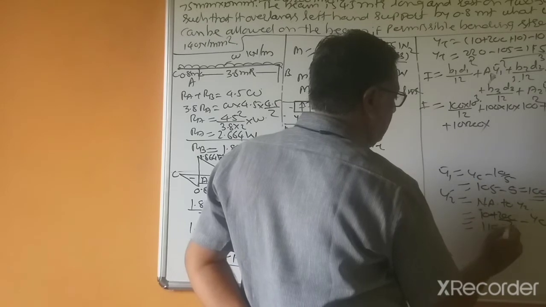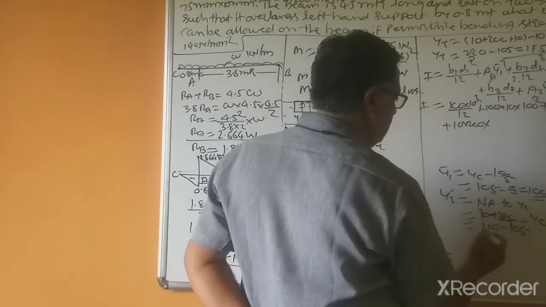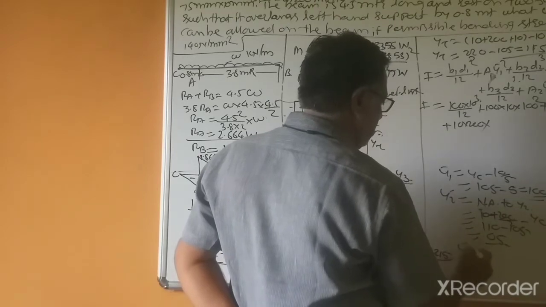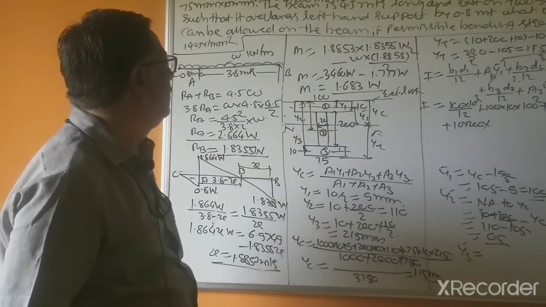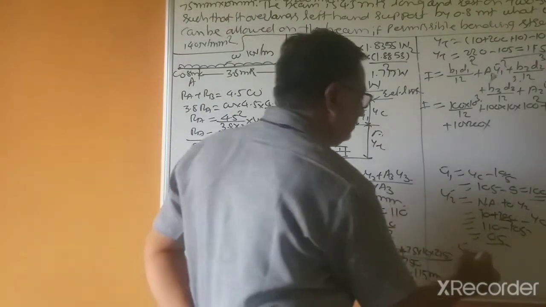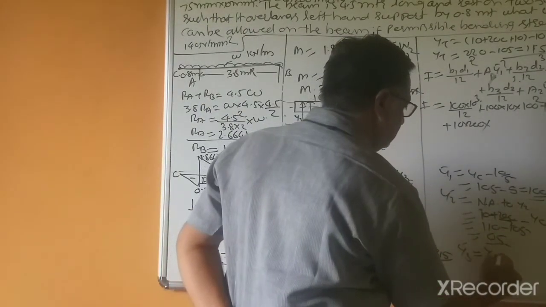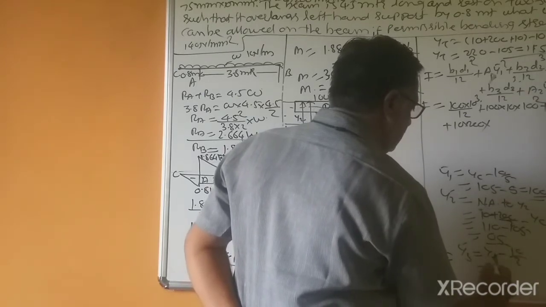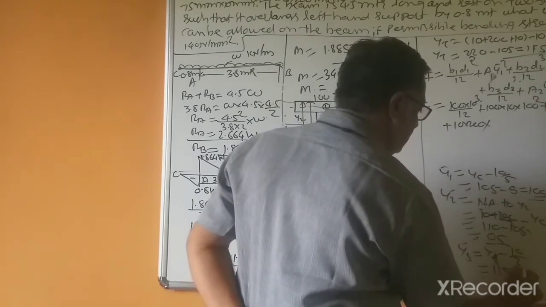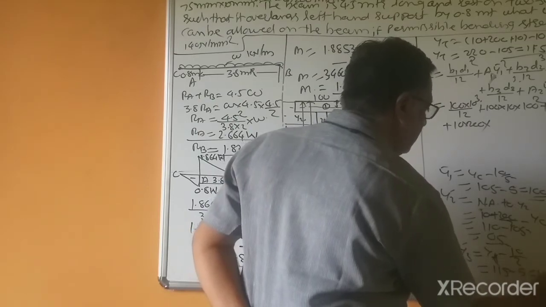So this is 110 minus 105, only 5 mm. And y3 bar distance equal to this yt minus 10 divided by 2, 115 minus 5. So this is 110.